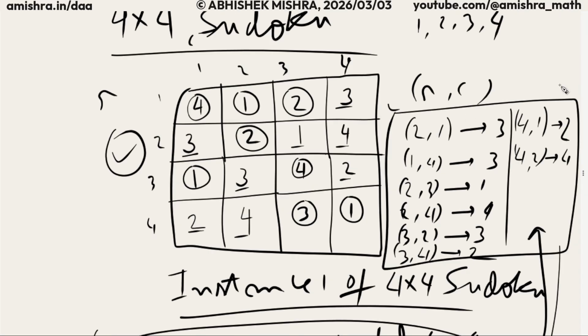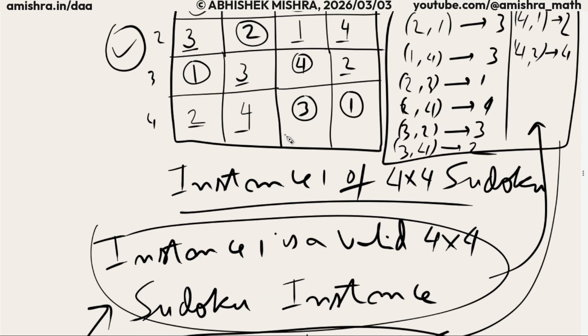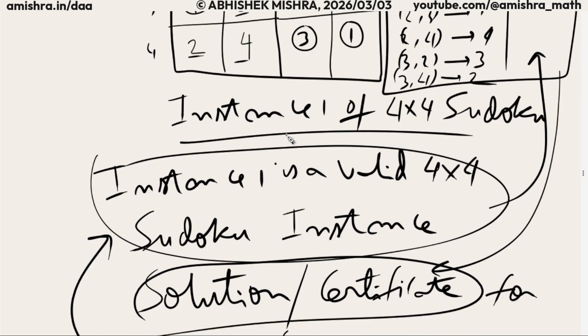So we can see the proof itself if we compare it with the size of the problem given. So what is the size? Size is 4x4 matrix, and our certificate or solution fits into that.